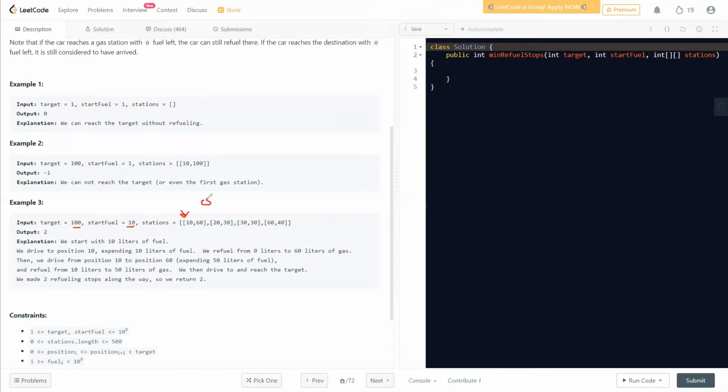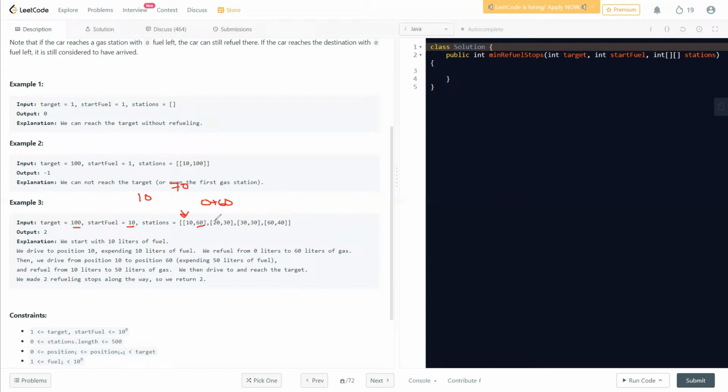We have 0, because we covered the distance, and then we get 60 units of fuel from this station. With 60 units of fuel, having covered 10 miles, we can reach at most 70 miles. You see, at 70 miles there isn't any stop.